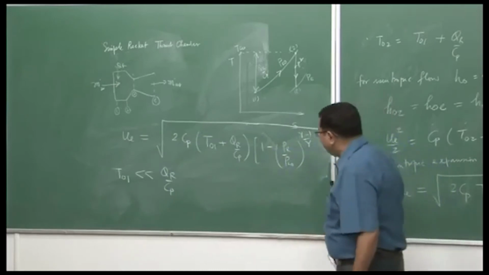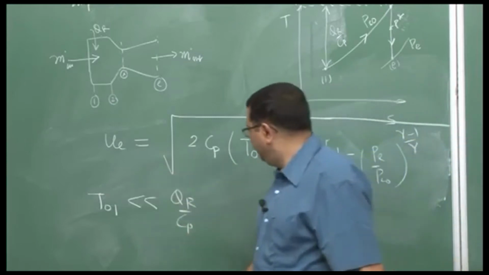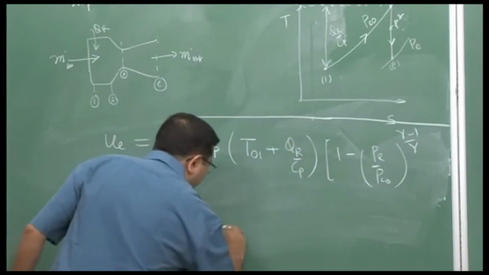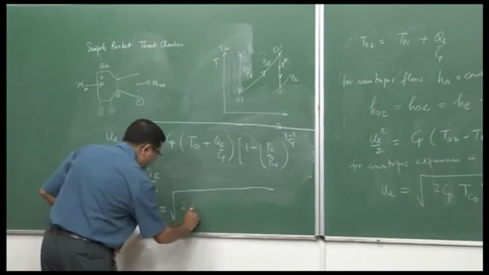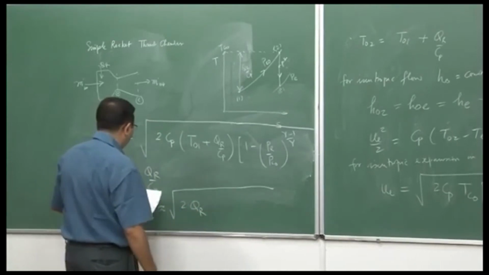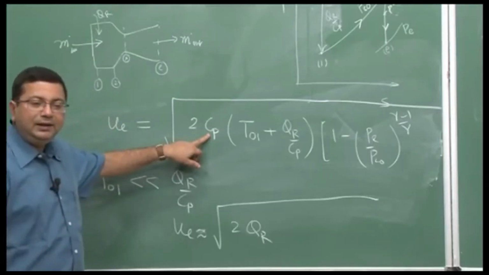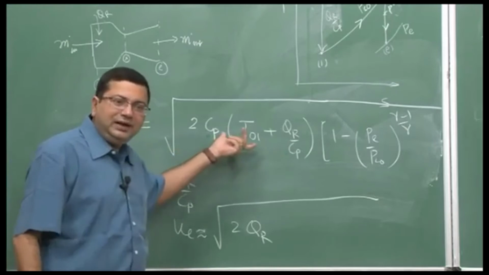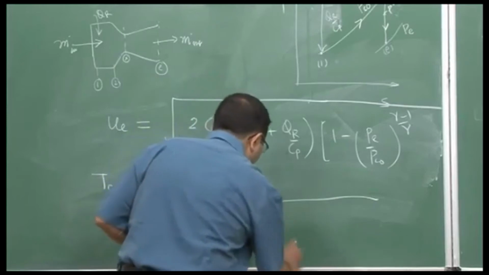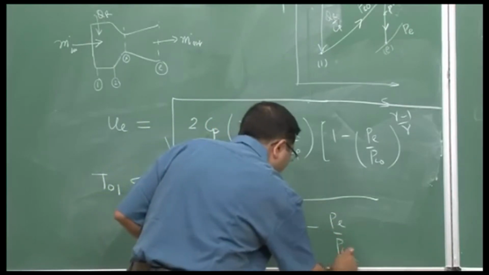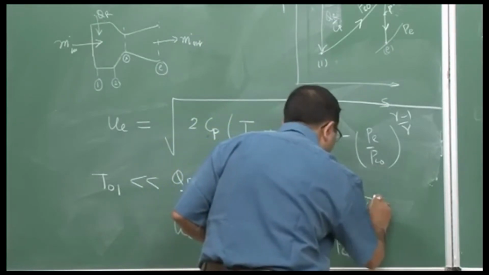Now, if we make this assumption, then from this term we can neglect T01, then ue will be simplified to an approximation in terms of Qr. Once we make that assumption, we have a Cp here and a Cp here. So, this will cancel off. So, it will be approximately 2 Qr and only this term, 1 minus Pe upon Pc naught to the power gamma minus 1 by gamma.